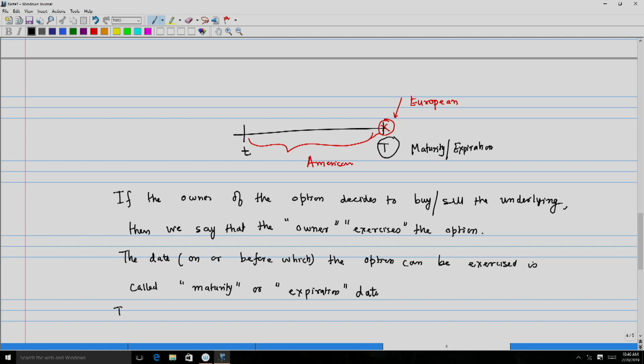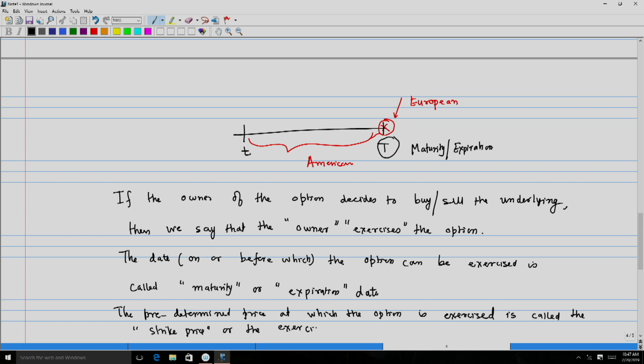So, we decide that the predetermined price at which the option is exercised, that means the purchase or sale is taking place, is called the strike price or the exercise price.